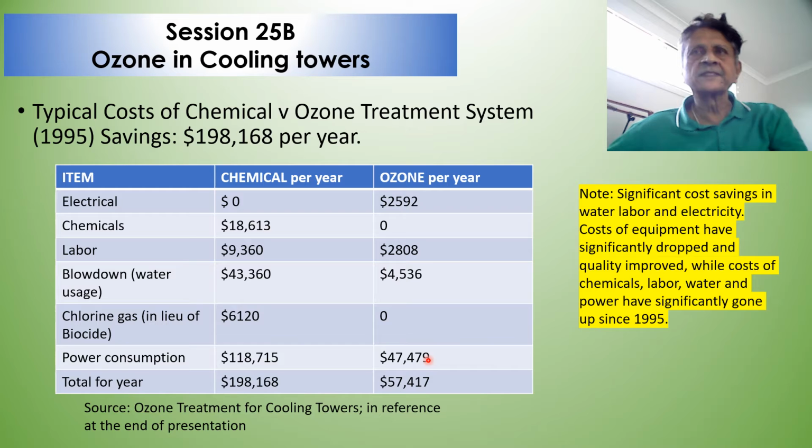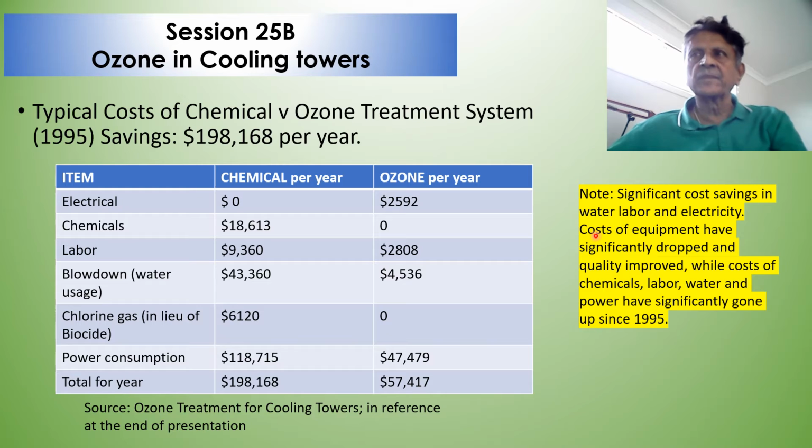So you will probably save 2/3 of your power consumption if you use ozone. So total for the year, it's 198,000 versus 57,000, which is around 1/4. So you will notice that by using ozone, you will have significant cost savings in water, labor, electricity.